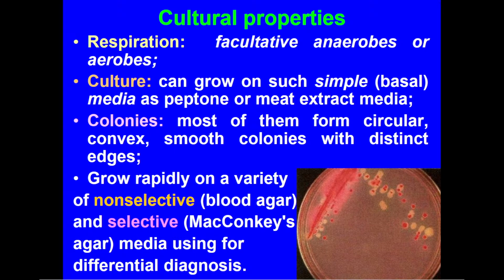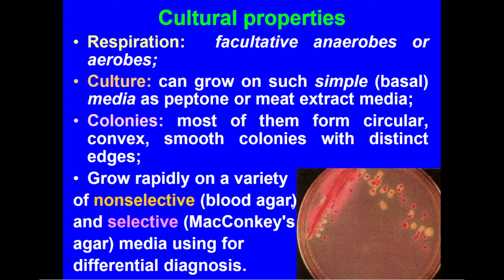So we don't need to select any microbes there, because the blood is normally sterile. If you find a microbe there, this is very bad and this is a causative agent of the disease. That's why in that case we will use non-selective media, quite often blood agar or some other media.